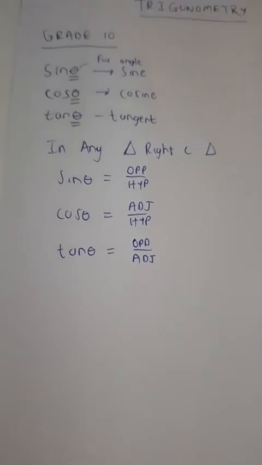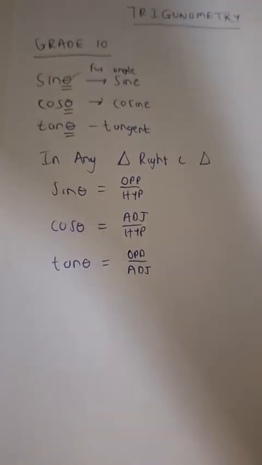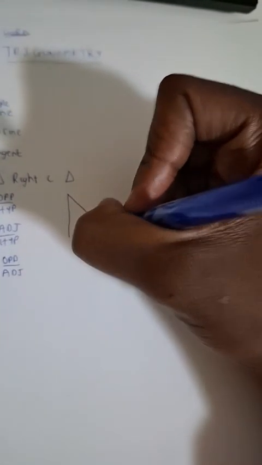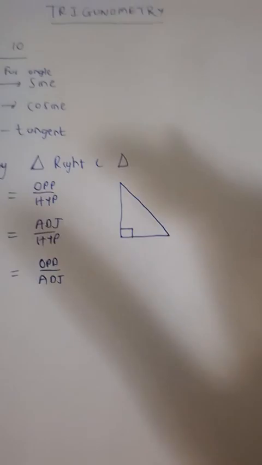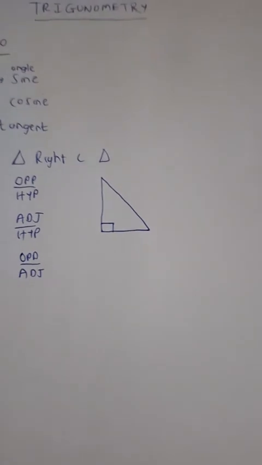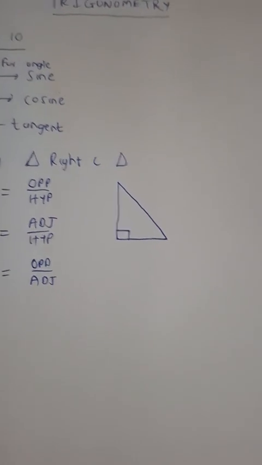We are just recapping what we did in grade 10. It's very important to recap, because if we don't, we will not be able to comprehend what we do in grade 11.